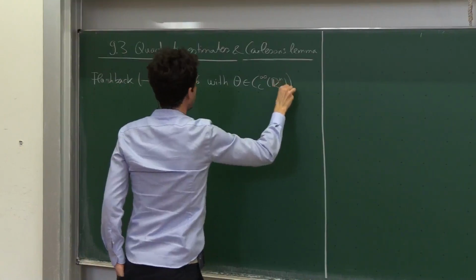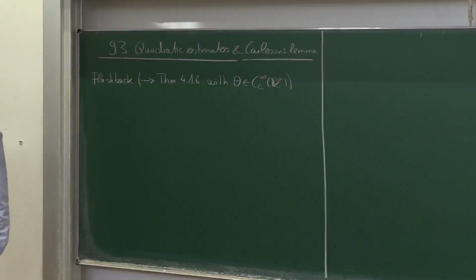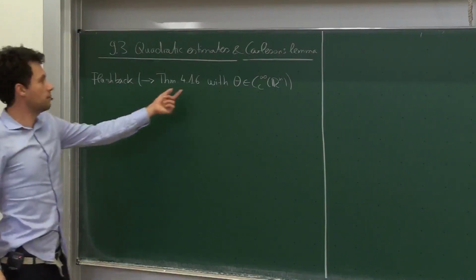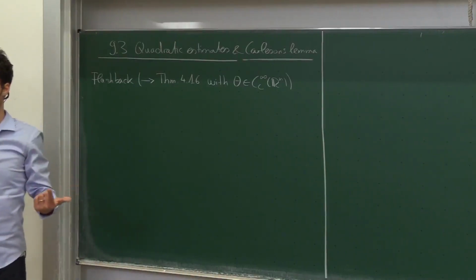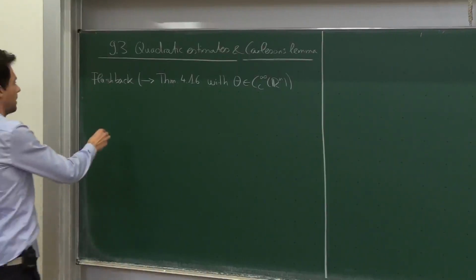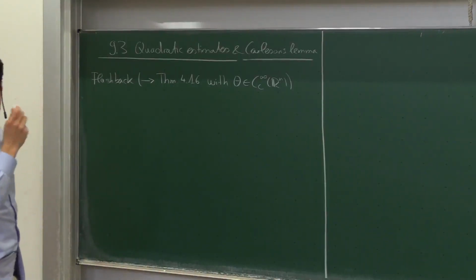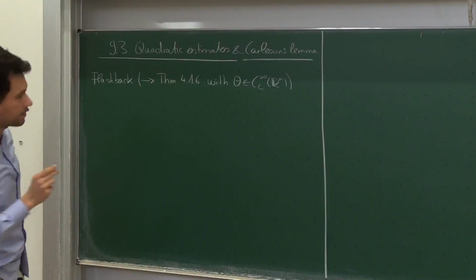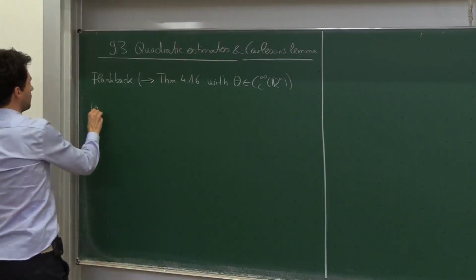In 4.16, theta was a Schwartz function. Don't have to look it up, I'm going to tell you what it was. 4.16 was about quadratic estimates with respect to convolutions. Okay? And I'm going to write this 4.16 result in a slightly different way, and then this is going to be equation 9.8.